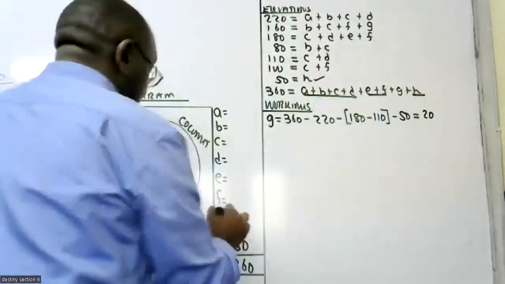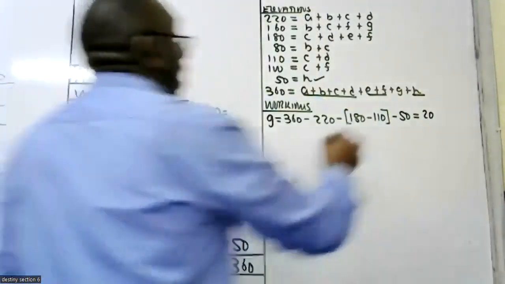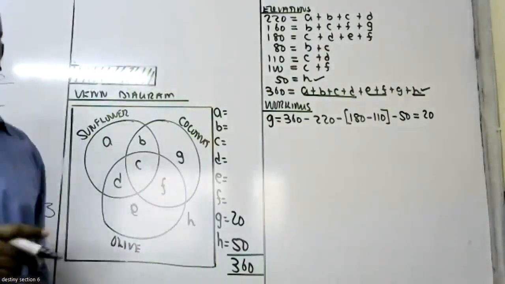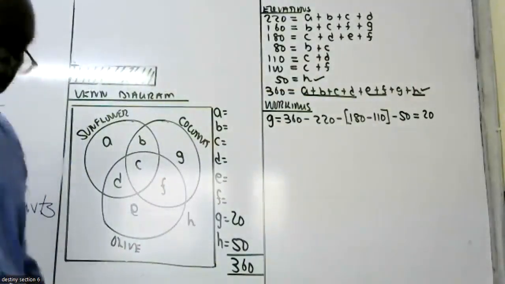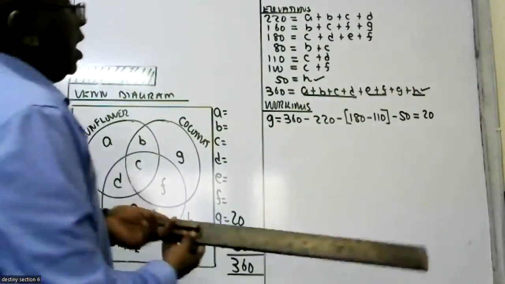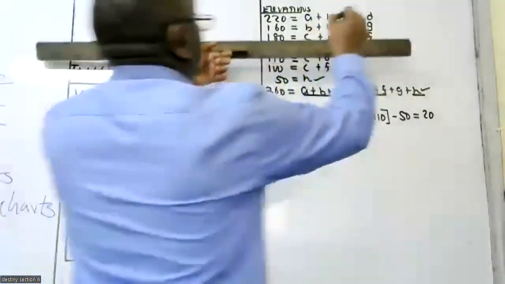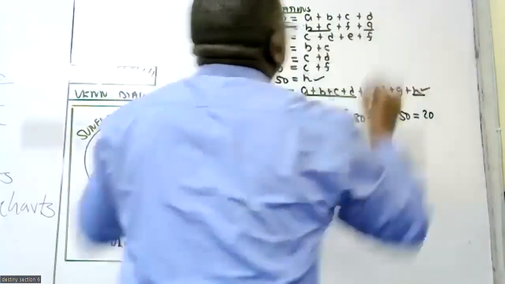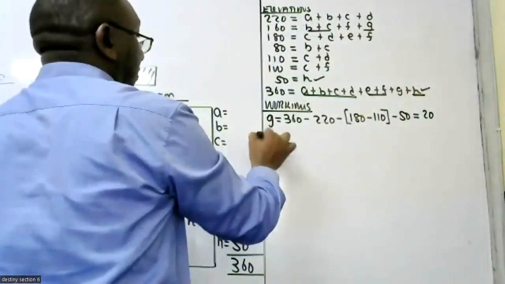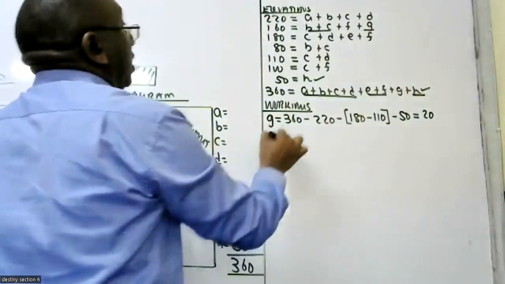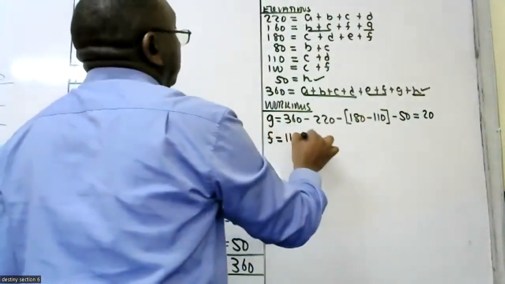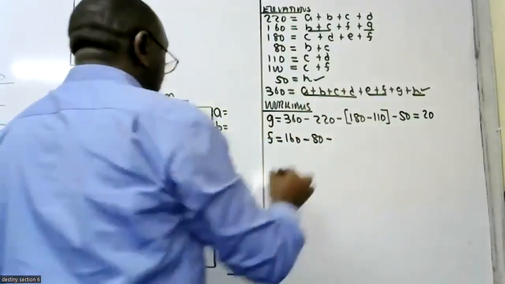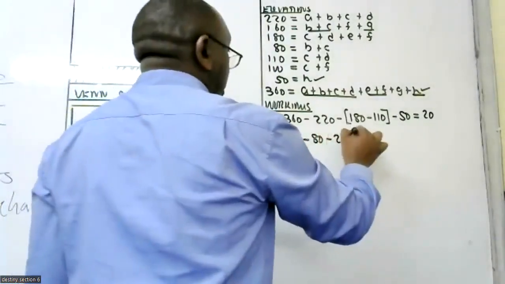So if it is 20, you put it here, then you mark this equation out. Then you check where else G will help you. So we are here. It is together with BC, it is known in G. So we can know F by saying 160 minus BC, which is 80, minus G, which is 20.